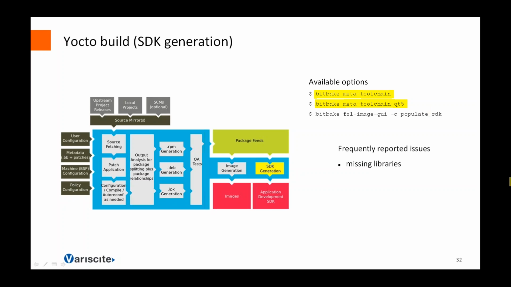It's just a different approach, and we provide the toolchain with the Qt scripts too. Generally speaking, a good approach is generating your SDK starting from your image, because in this case all of the libraries in the image will also be available in the SDK, and you will avoid situations in which you are missing some libraries from the SDK.